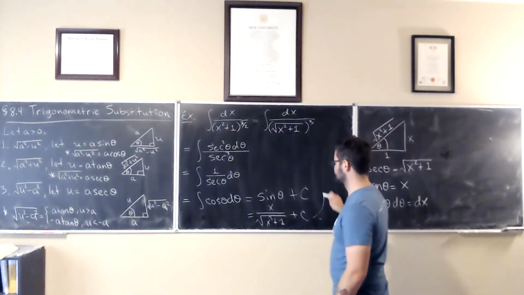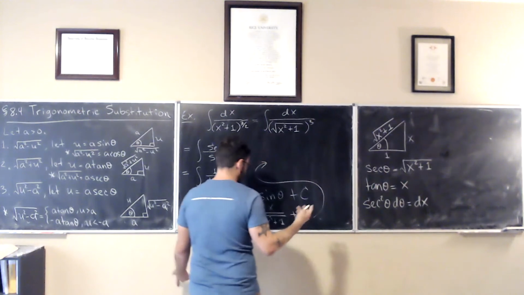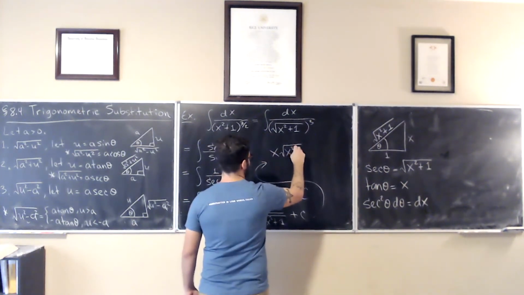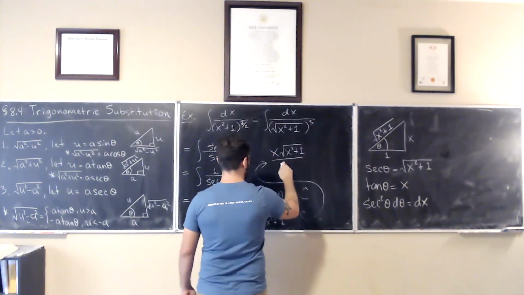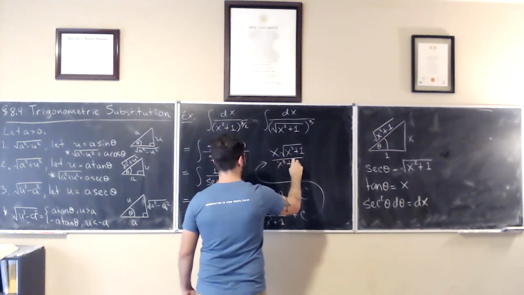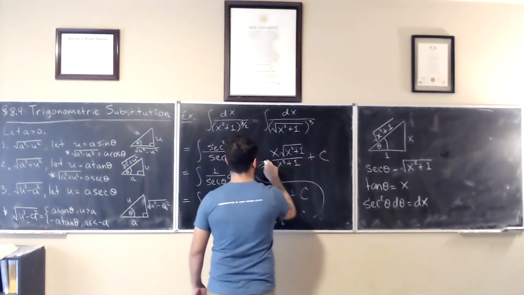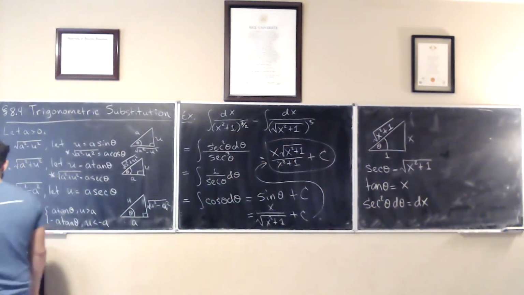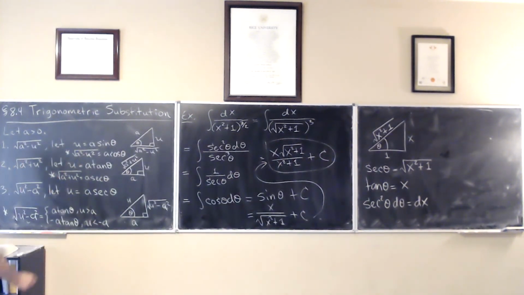It's just x over square root of x squared plus 1. Maybe that's how they write it in the textbook. Oh, surprisingly they didn't. Yeah, I think that's it.